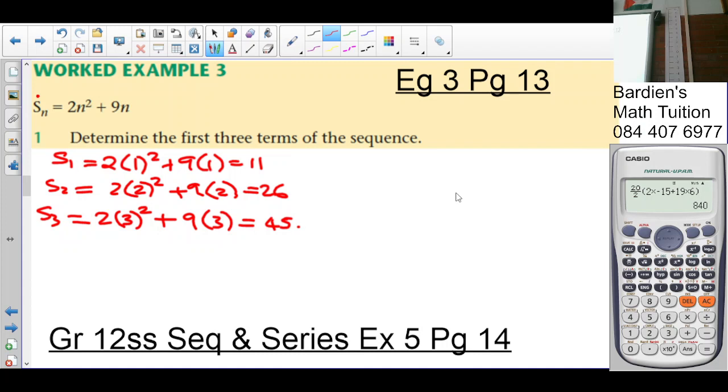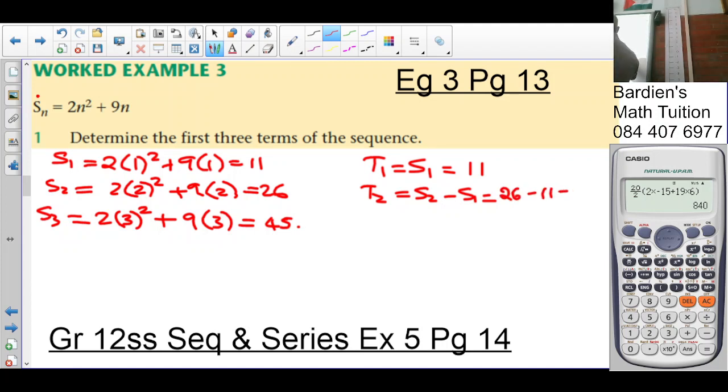So we know that T1 is the same as S1, which is now 11. Not so. But what is T2? Who can remember? T2 is equal to S2 minus S1. So what is S2? 26 minus 11, which is 15. Not so.